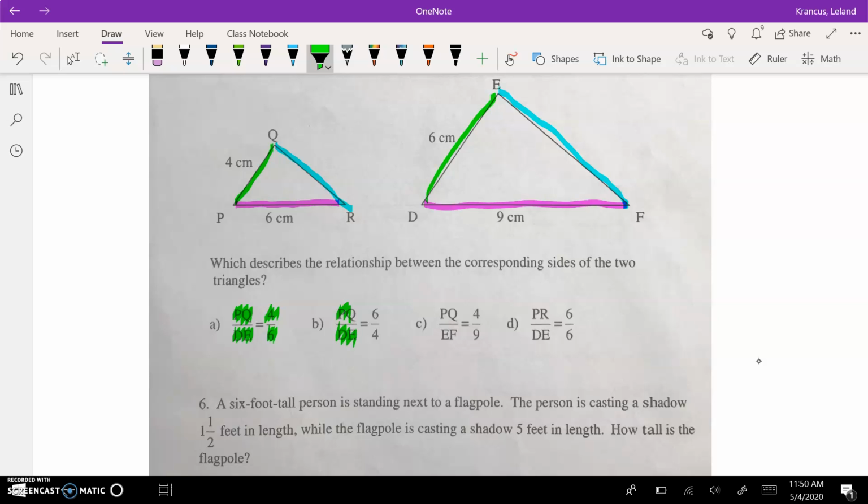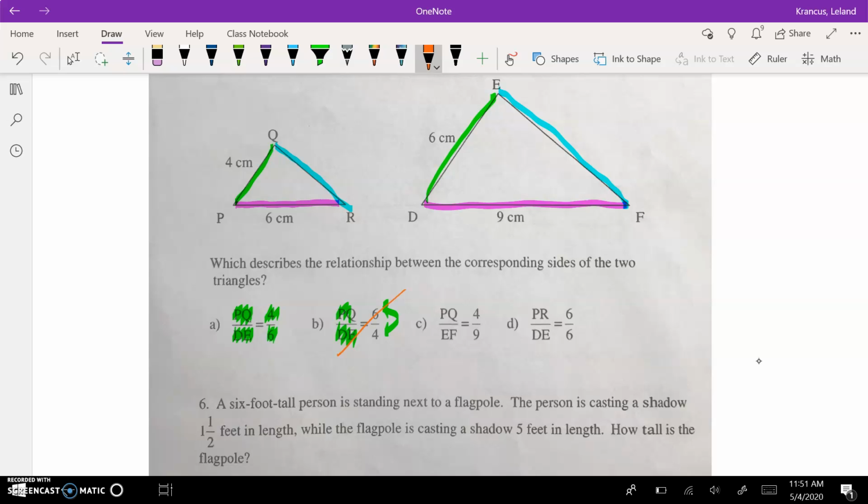That is a small side over the long side, the green one. But then it has 6 over 4 instead of 4 over 6. So this one has flipped over the second ratio. If you're going to have a short side over the long side, the other side of your proportion should also have a short side over the long side, so that one is not correct.